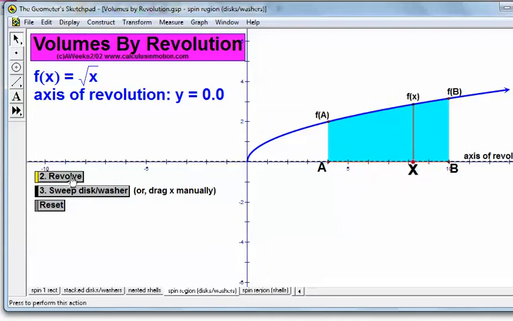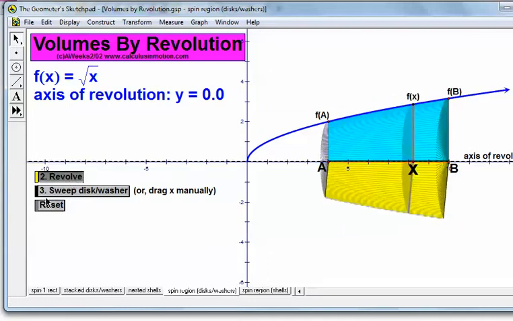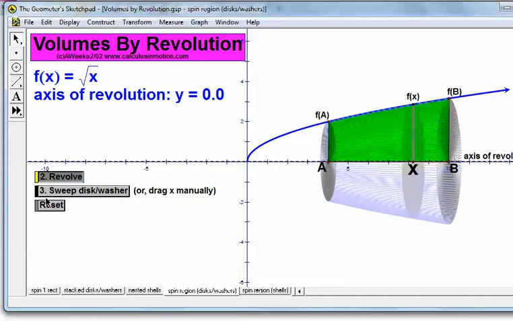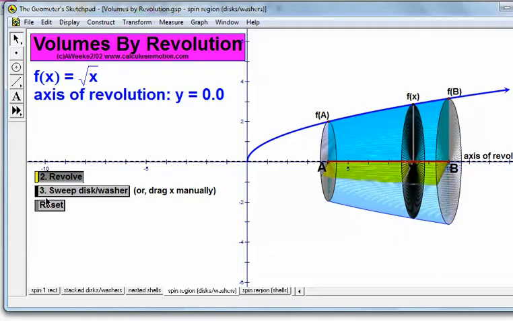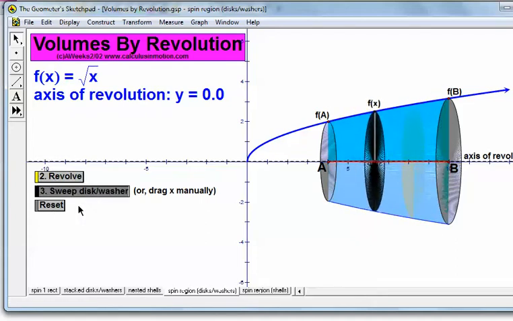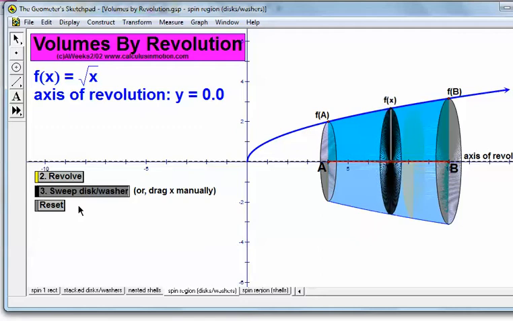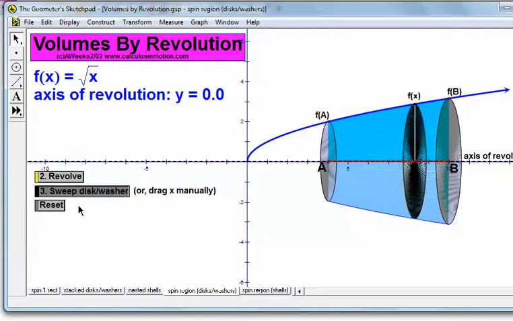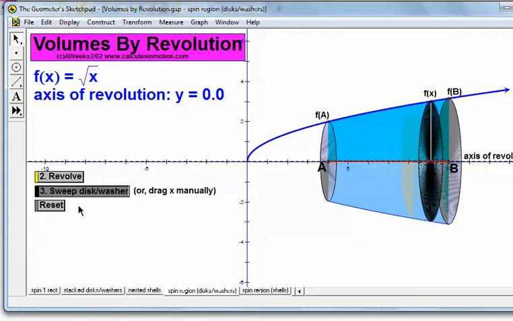So let's get that picture again of that solid shape, and it is solid. And notice this black figure represents one typical disk. So let's just stop the revolution here for a second, and then let's sweep that disk so you can see that each cross section would look like a coin, but it's getting larger as we sweep from left to right.